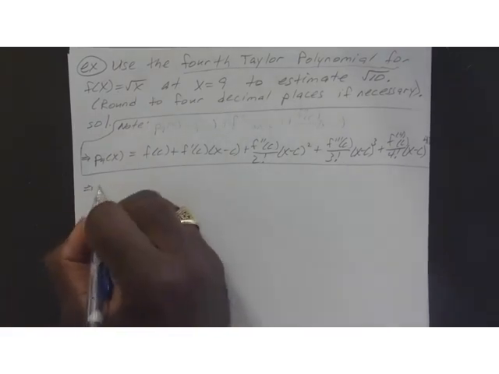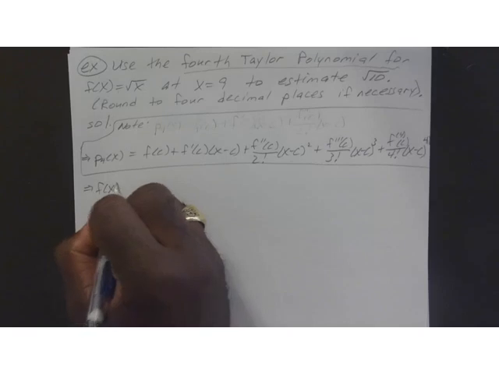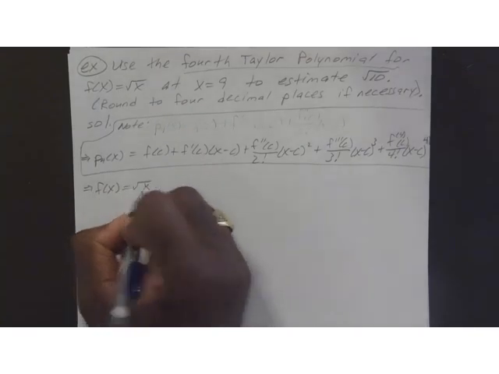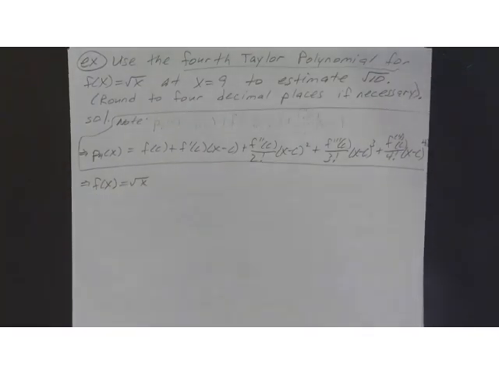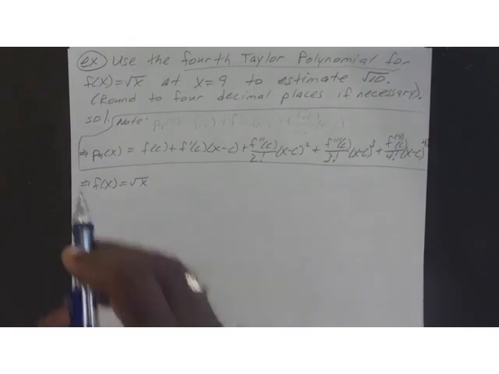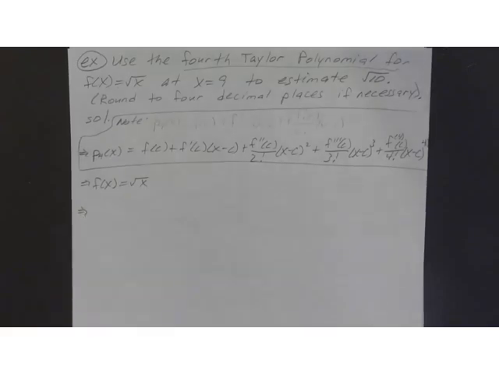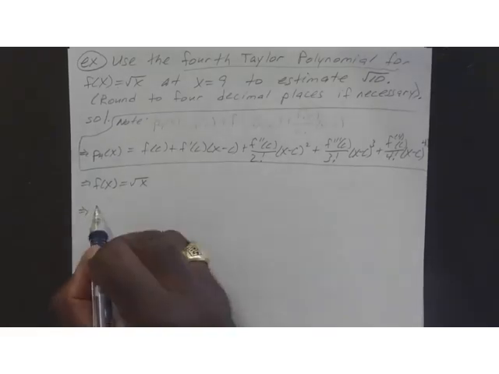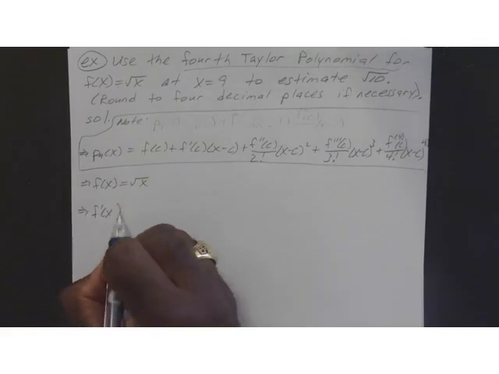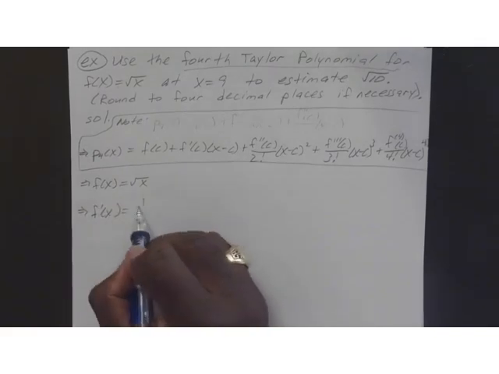Okay, so once again, we know that our f of x is square root of x. And if we rewrite that as x to the 1/2 power, and using the power rule, we know that our f prime of x is 1 over 2 square root of x.